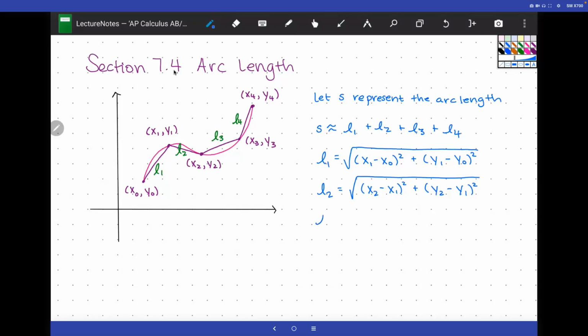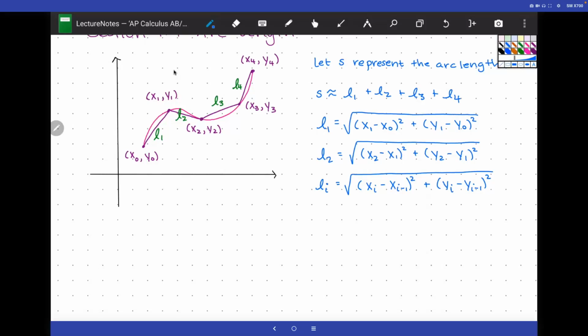So in general, I can say that the ith line segment, L sub i, is x sub i minus x sub i minus 1 squared plus y sub i minus y sub i minus 1 squared, all under a square root. But that's kind of wordy, even though there's no words.